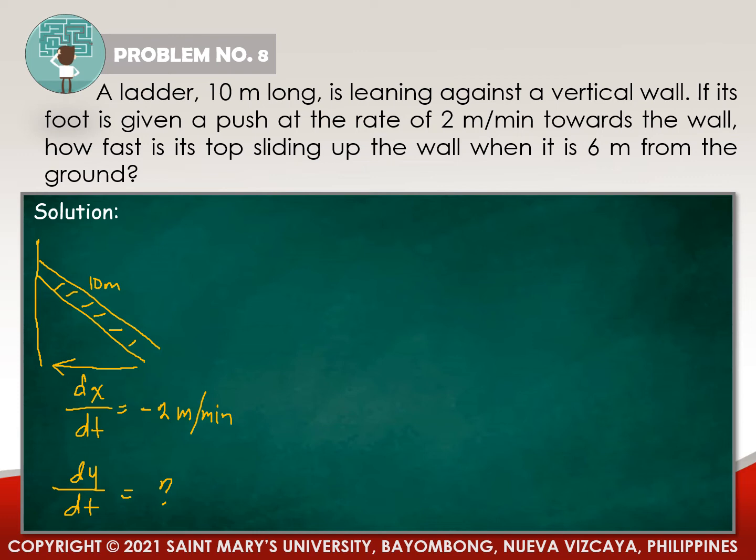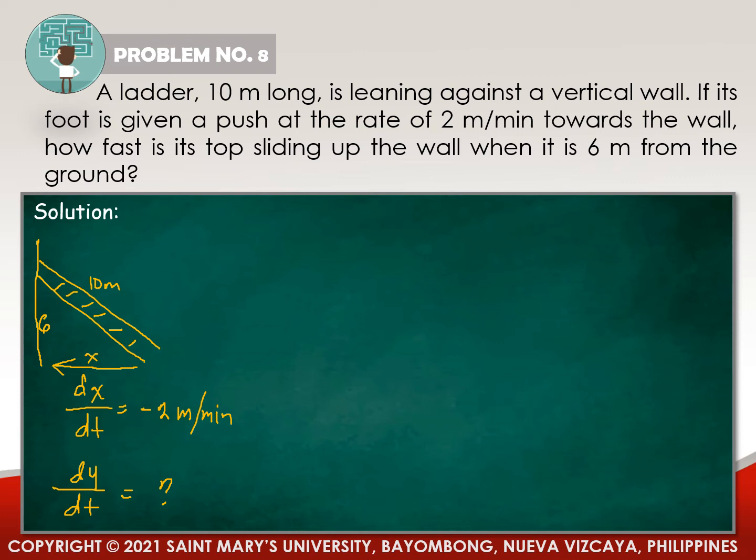Given dyan, how fast is it sliding up the wall when it is 6 meters from the ground? Alin dyan yung 6 meters? That will be the vertical, right? Ito yung 6. So, solve muna natin yung ating x.